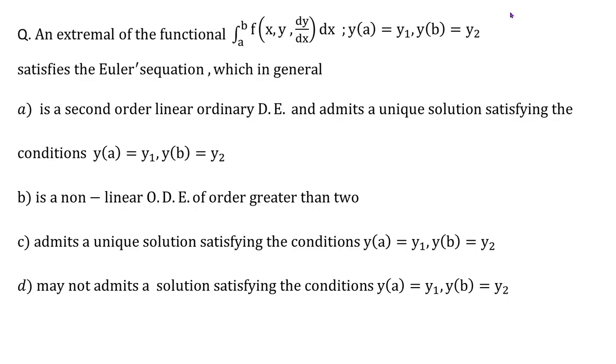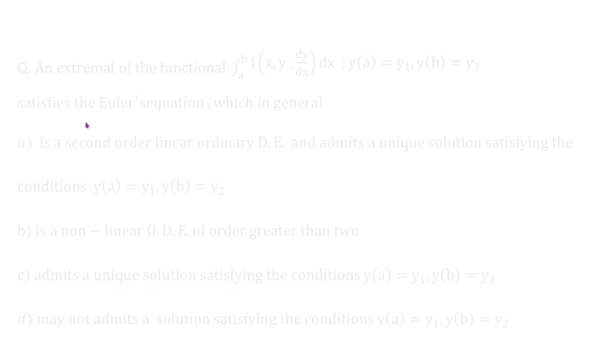Again, if certain conditions are given, the solution should satisfy the given condition and be a unique solution. Hence it should be a second order linear differential equation giving a unique solution satisfying the given condition. That's why option A is the correct option.